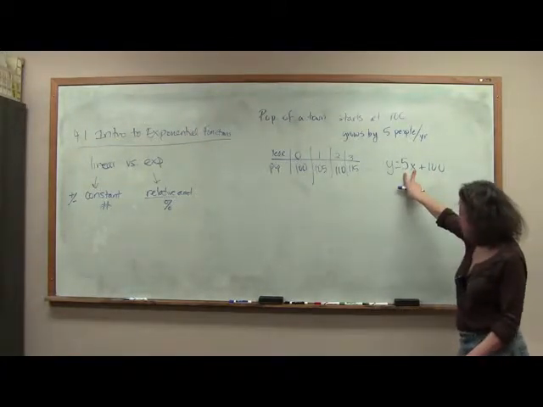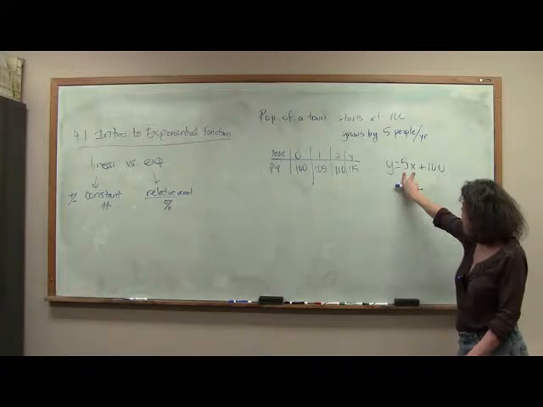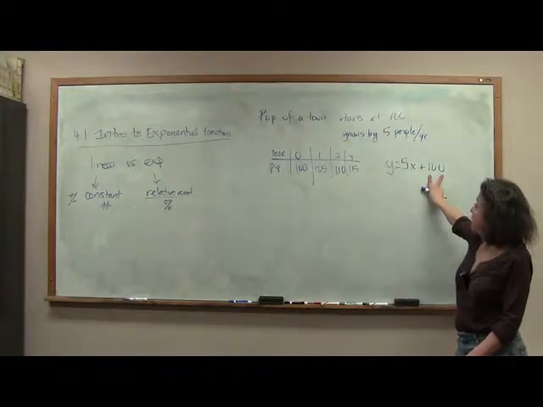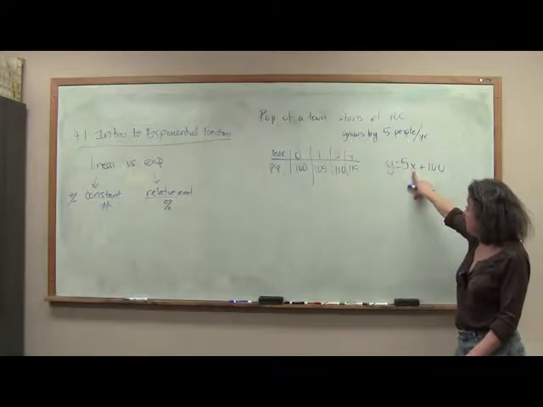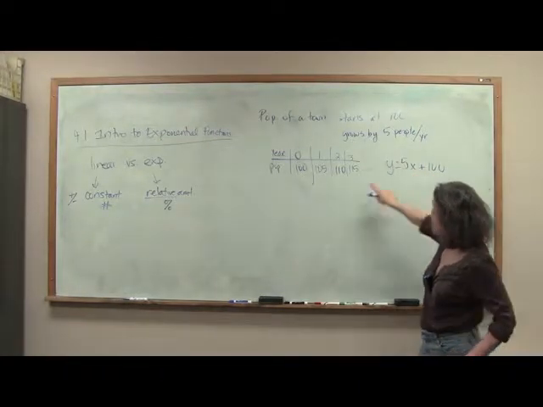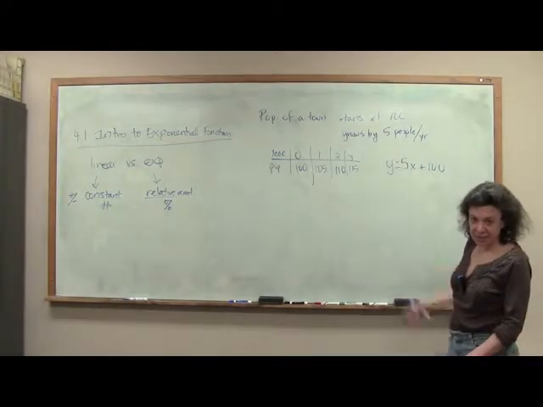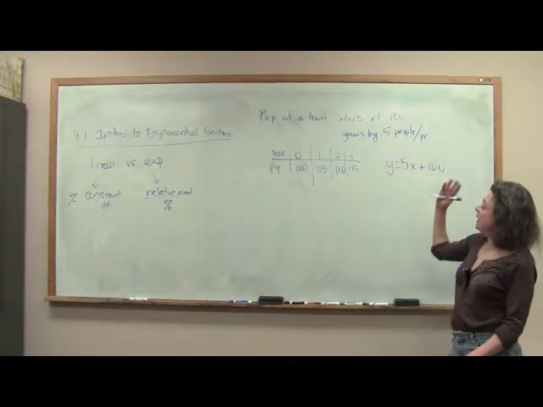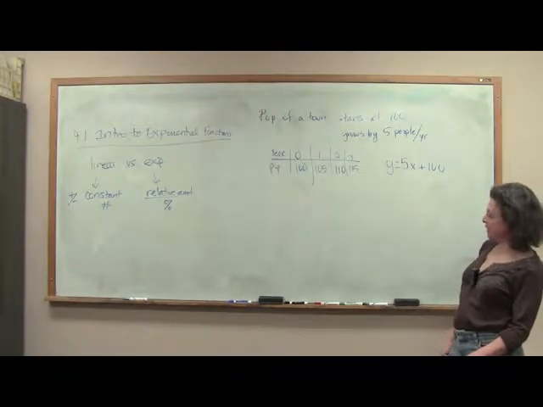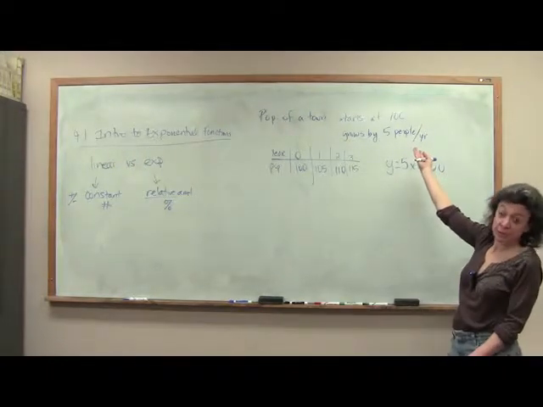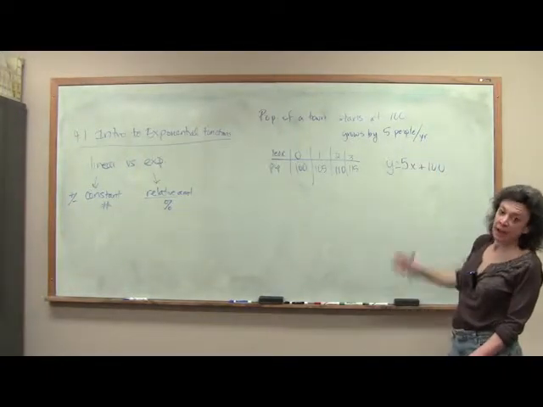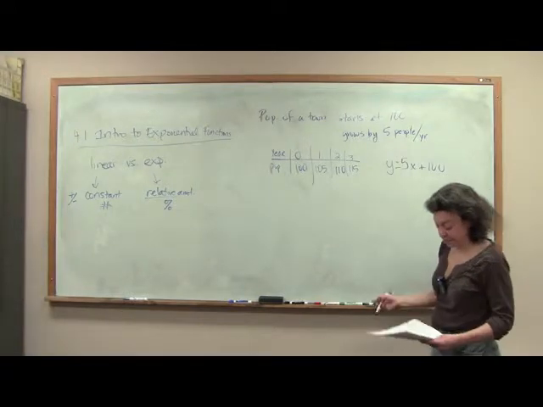So, for example, initially plug in x equals 0, you're going to have 100 people. 1 year later, well, you have 5 plus 100 or 105, etc. Okay? So, here's a situation where it's linear because it's growing or alternatively decreasing by a constant number.